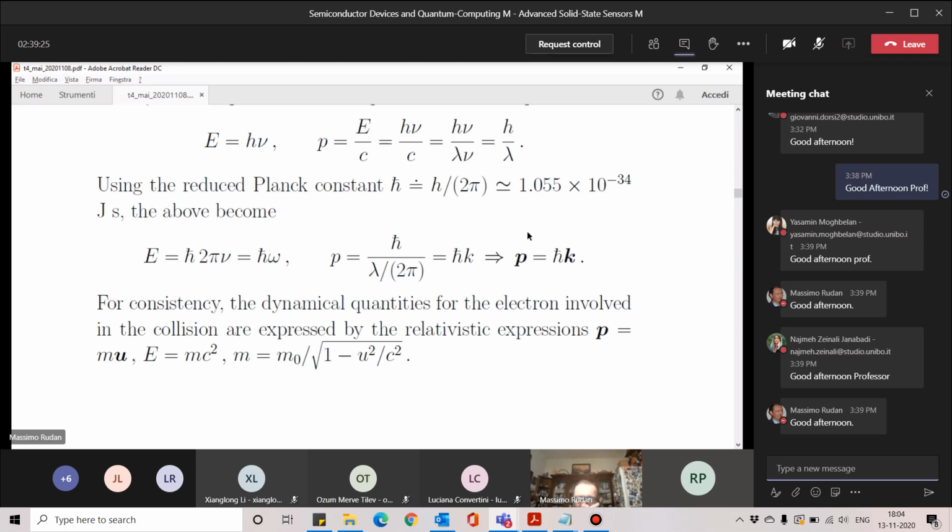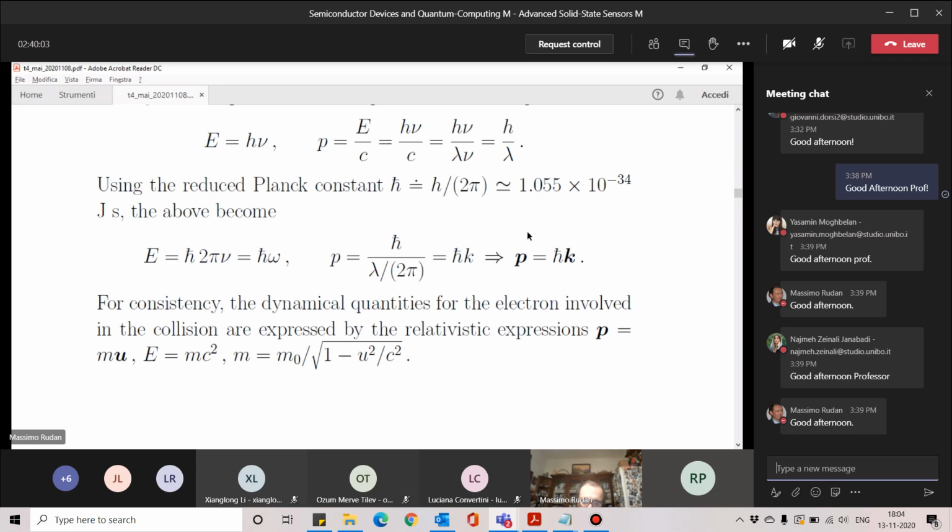Now, in order to describe the collision of two particles, we must remember that if the two particles are isolated, so they are interacting only with each other and with no other body, we can consider that the collision of the photon with the electron is a two-particle collision. That is, all the other particles are far away and they do not interfere with the collision.